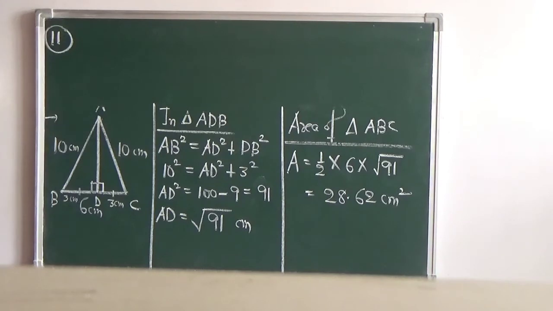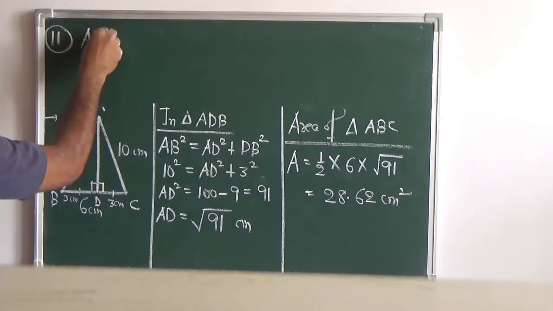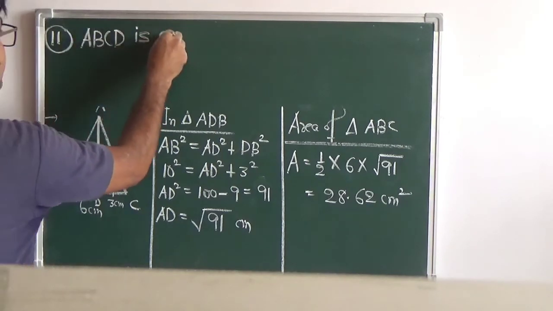So question number 11 is, ABCD is a rhombus.